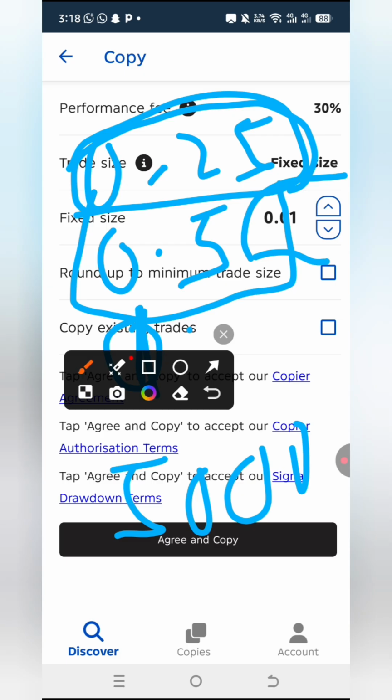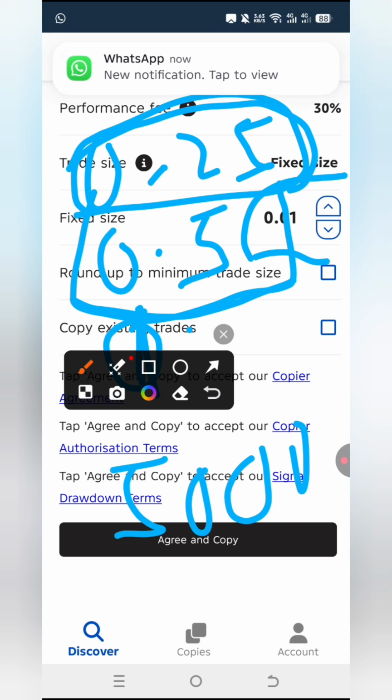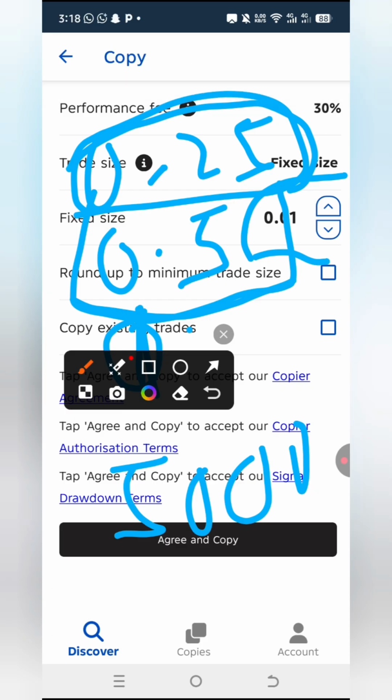But if you are average risk taker, you use 0.5. So with that, there's probability of it going deep, but you're not much concerned, because there's also another setting to battle this. Then you can use 1 if you're an aggressive trader, especially those who were traders before now, who understand that there's flexibility in the market.